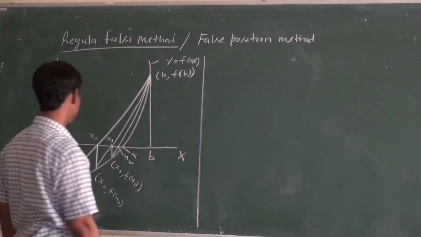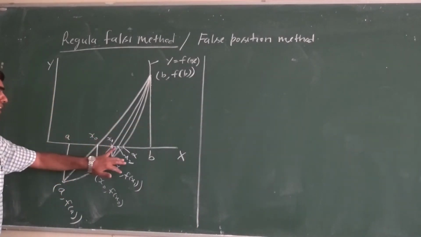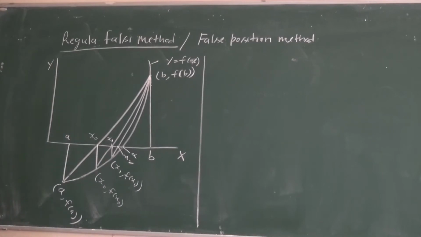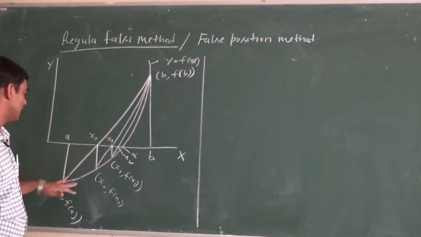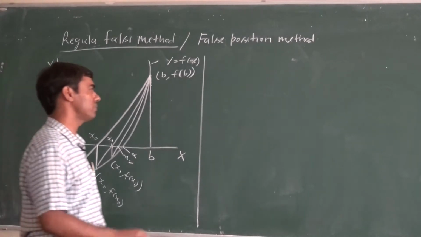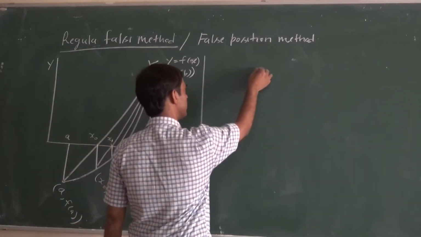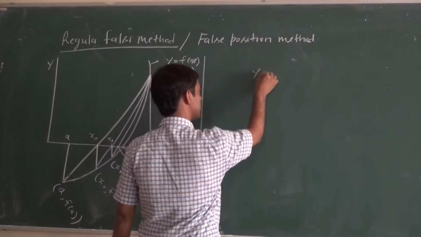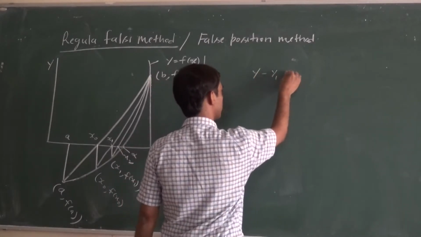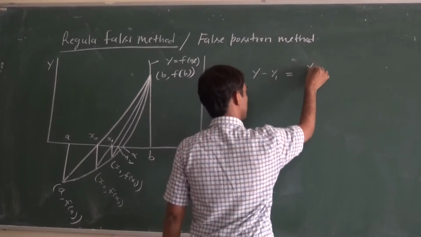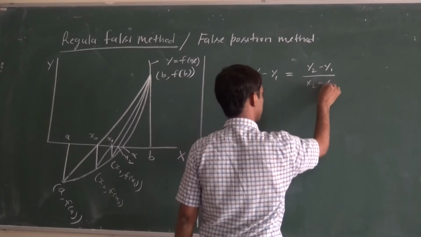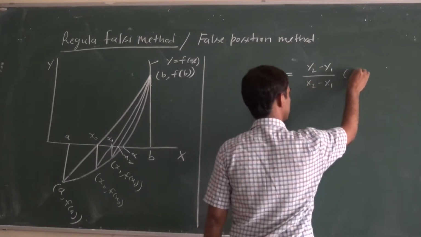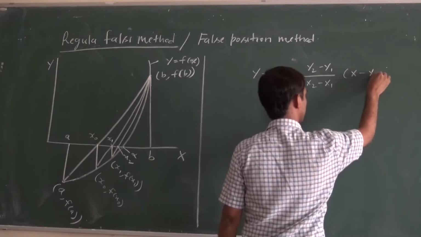Now mathematically, how do we find the values of x0, x1, x2, x3 and xn? Here we draw a straight line between 2 points. As we know, what is the equation of a straight line between 2 points? y minus y1 equals (y2 minus y1) divided by (x2 minus x1) times (x minus x1).